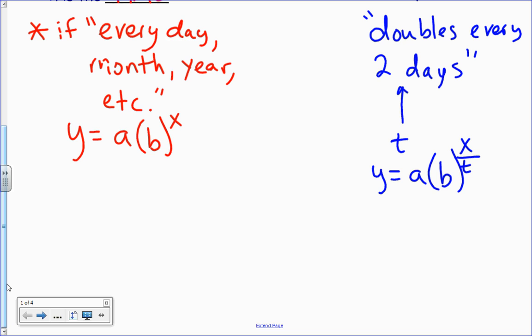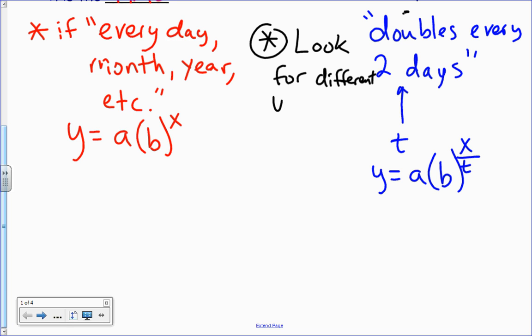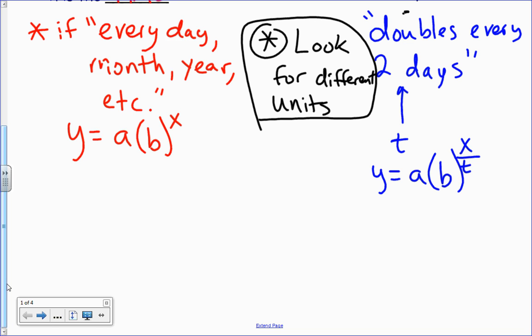One other thing as you're working these, especially when you're working these over here with the fraction exponent, you got to look for different units. Okay, you got to look for different units. So this one might say it doubles every 2 days. How many items of bacteria are there after 2 weeks.